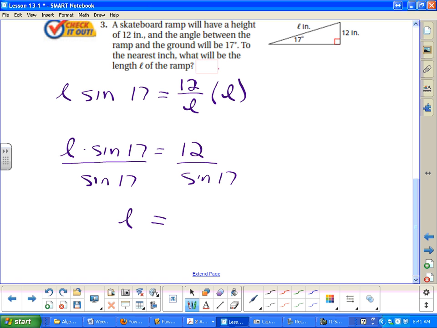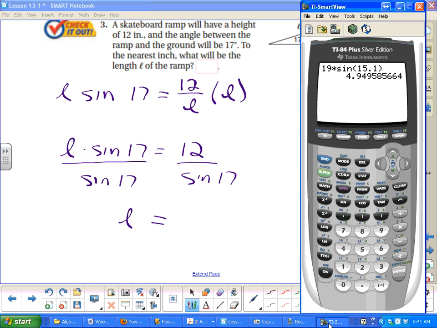Exactly, okay? The hypotenuse is always the longest side, so it needs to be bigger. And they've drawn this pretty well to scale with a 17-degree angle. But the one thing is the hypotenuse is always the longest side, so there's a way to check myself to make sure I'm on the right track. So then I'll take my calculator, do 12 divided by the sine of 17.